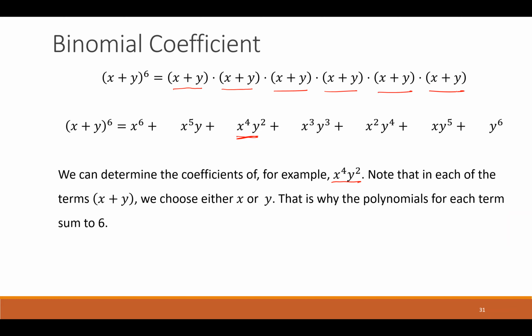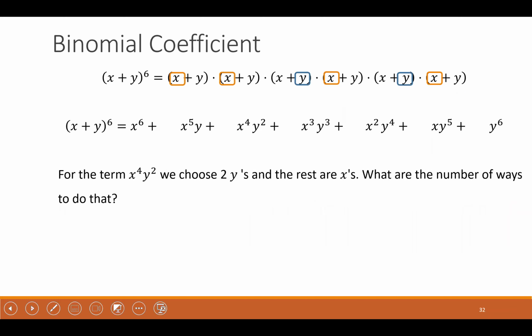Maybe I took these 4 x's and these 2 y's. From each factor, I take one variable. So the coefficient becomes, how many different ways can I choose 4 x's and 2 y's? This is another way to choose 4 x's and 2 y's, but how many ways in total?